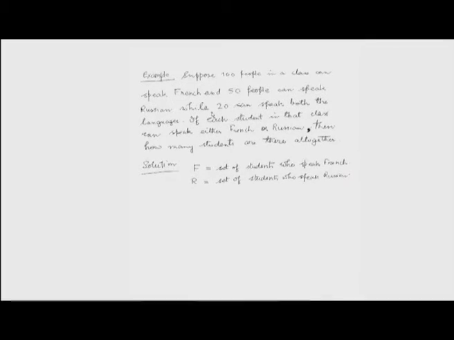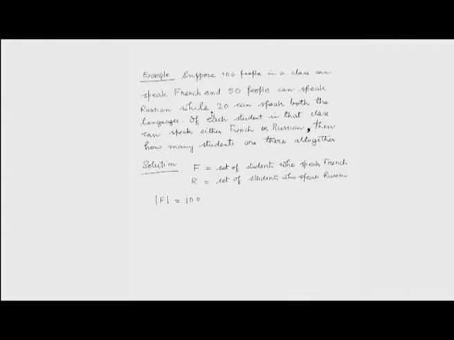Now, it is clear that the number of students who speak French is equal to 100, the number of students who speak Russian is equal to 50, and the number of students who are in both the groups is equal to 20.